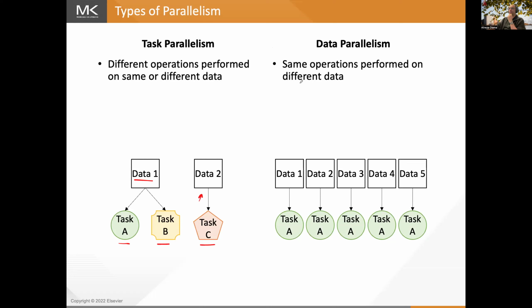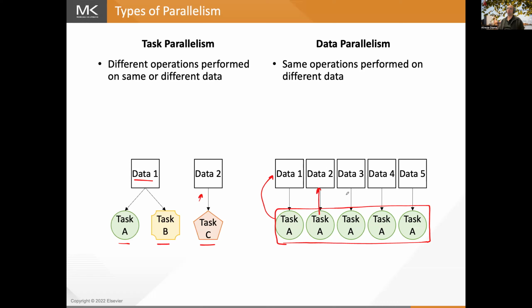But in data parallelism, what we had was a single task, or single instruction, or single program, like here. We have this single task, and we want to apply it on different pieces of data. So in this diagram, we have task A, and task A is applied on data 1, data 2, and so on.